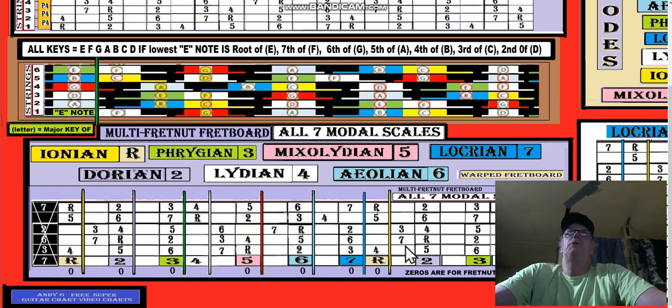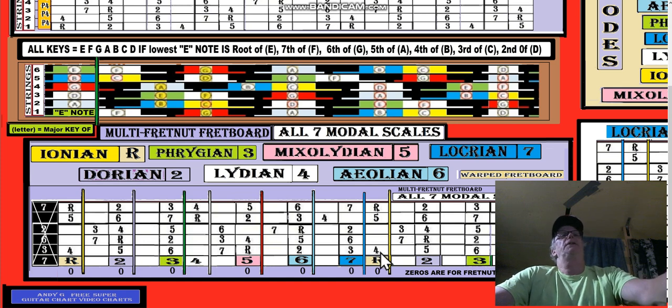So from 4 to root, okay, from 5 to root, let's see, 7, root, 2, 2, 3, 4, 5. Excuse me, the 5th of the Locrian scale starts on the 4th and it goes to the 7th.